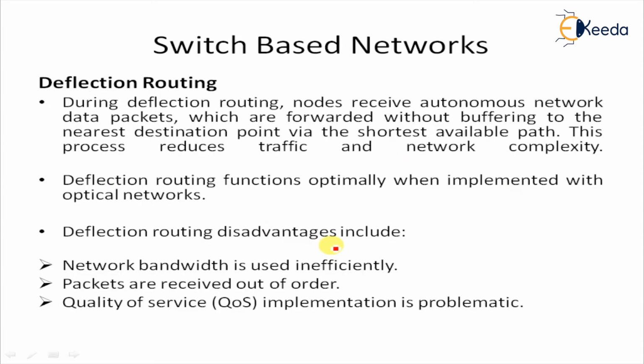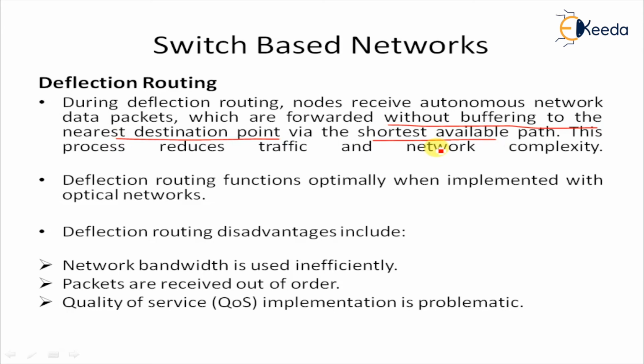In deflection routing, the node receives autonomous network data packets, which are forwarded without buffering to the nearest destination point via the shortest available path. Some routing mechanism or routing algorithm is used, in the case of flooding or the shortest path algorithm.